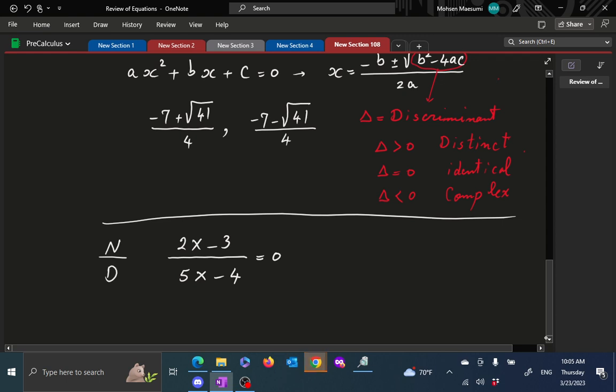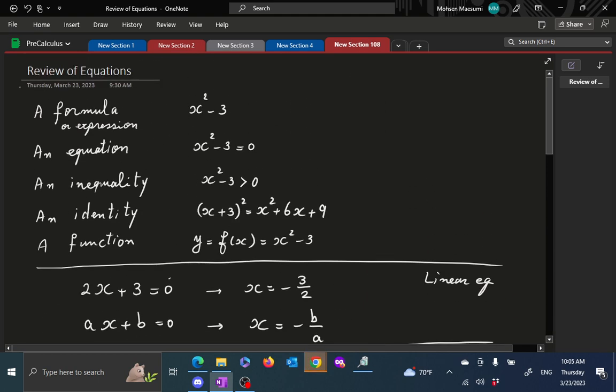For a fraction to be 0, the numerator has to be 0, and you have to make sure the denominator is not 0, because you don't want to divide by 0. So for that equation, you set 2x minus 3 equal to 0, and as before, you get x is equal to 3/2.